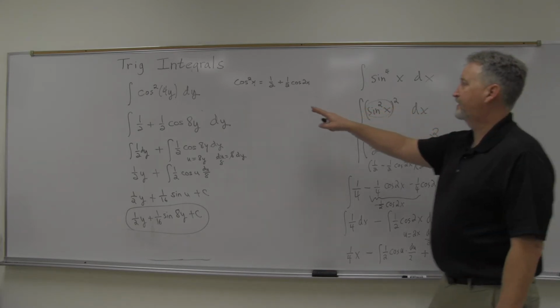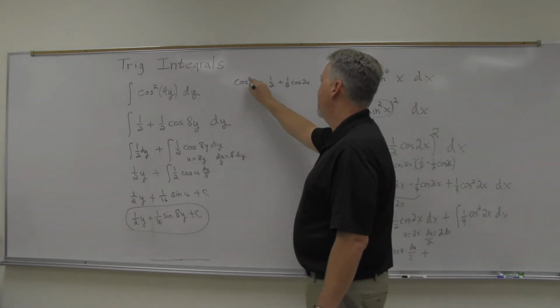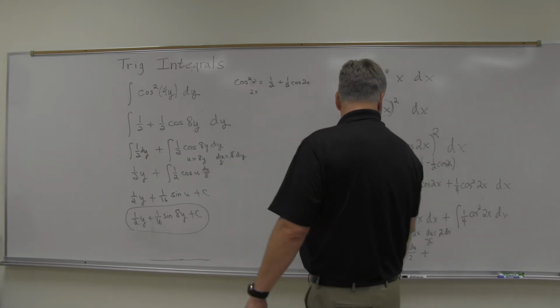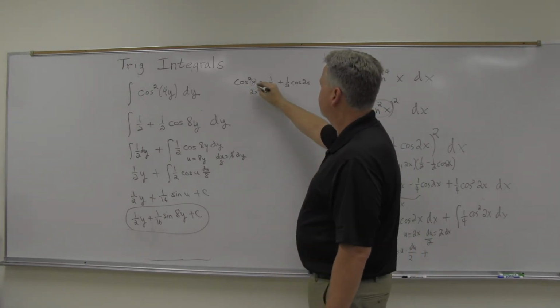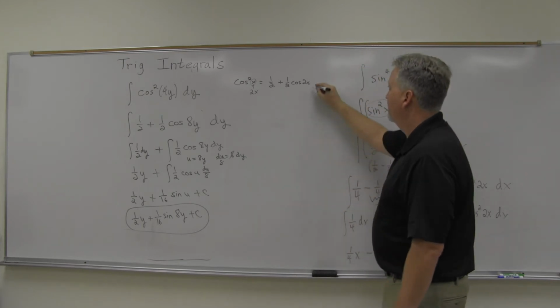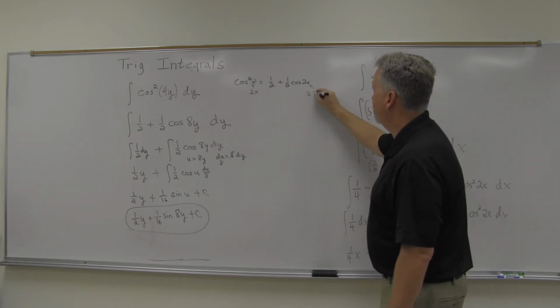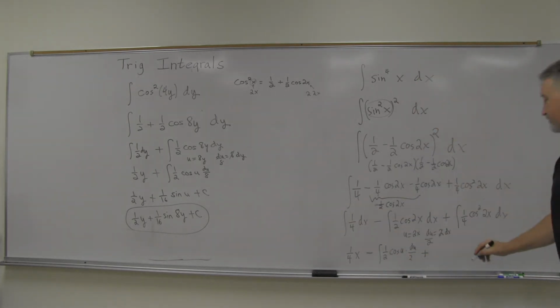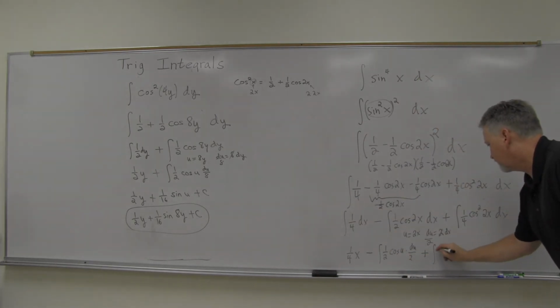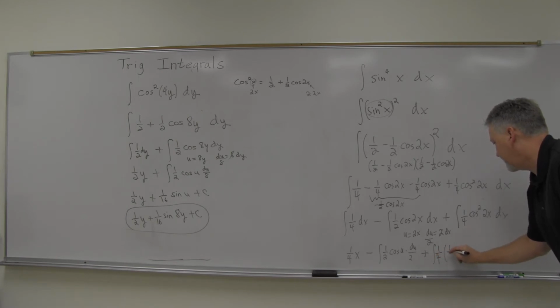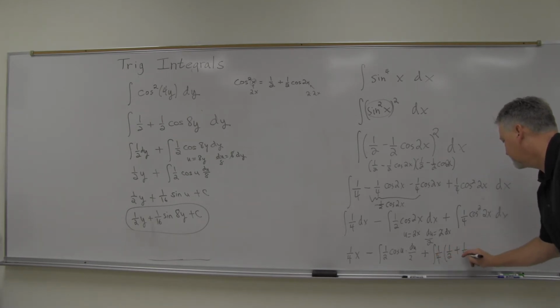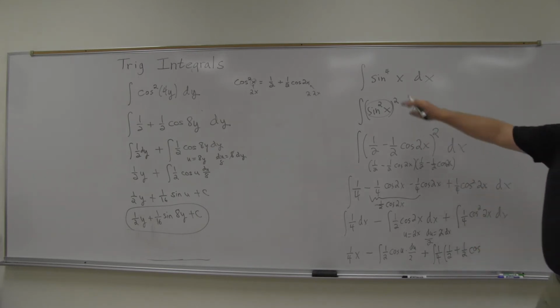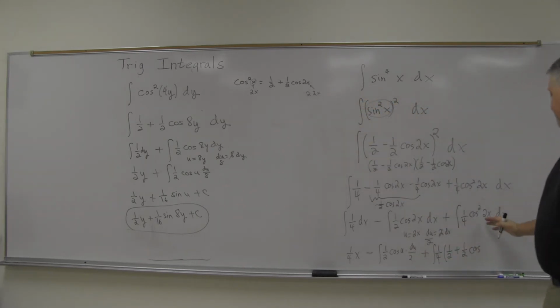So we're going to use this one, but again, the x is 2x instead of just plain old x. So this is going to be 2 times x, but x is 2x, so that's going to be 4x right here. So it's going to be the integral of 1/4 times a half plus a half cosine of 2x, but the x here is 2x. Kind of confusing. The x is 2x, so that'll be a cosine of 4x. 2 times 2x.